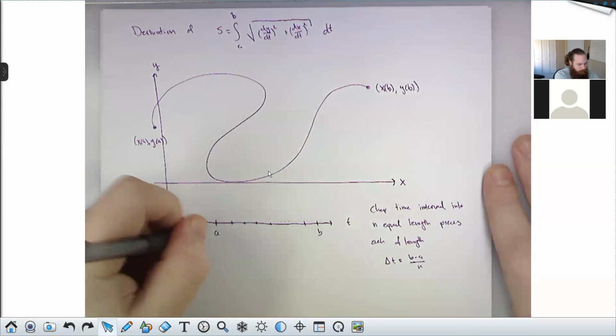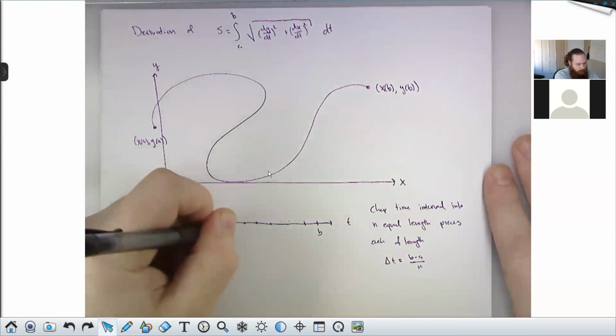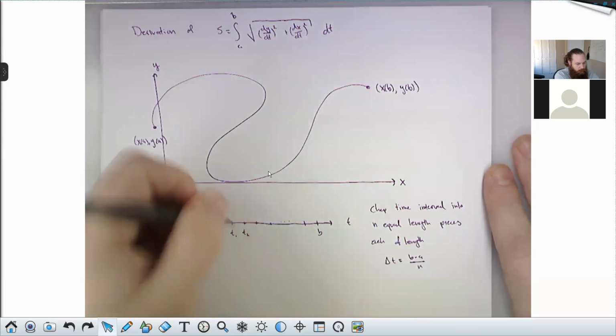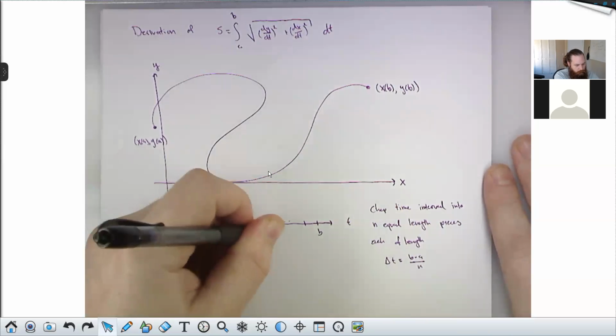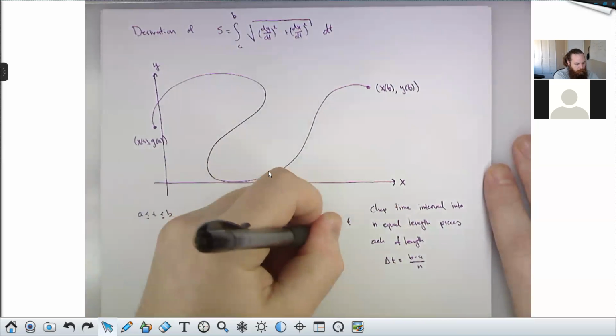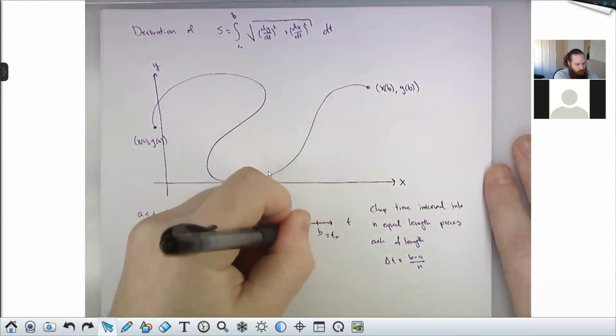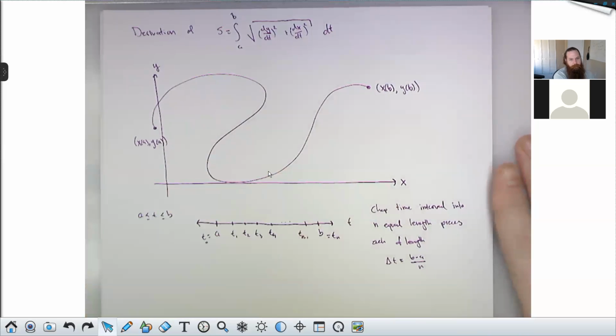So this would be, call it t0, and then t1, t2, t3, t4. b I would call tn, and so this would be tn minus 1.